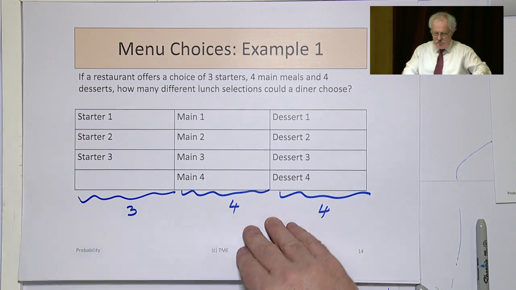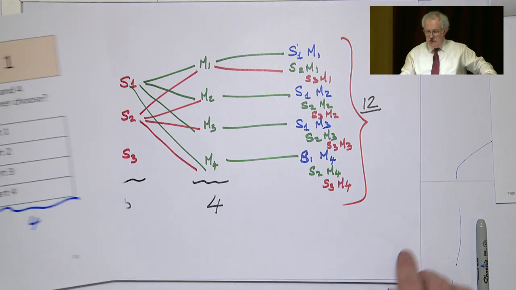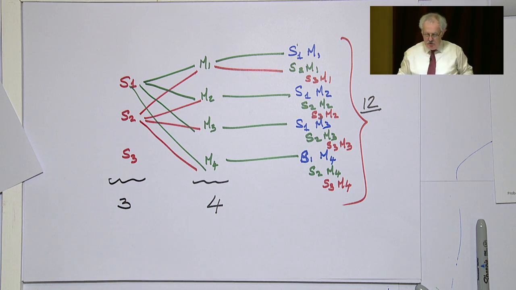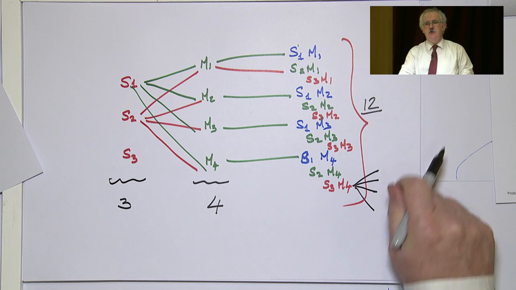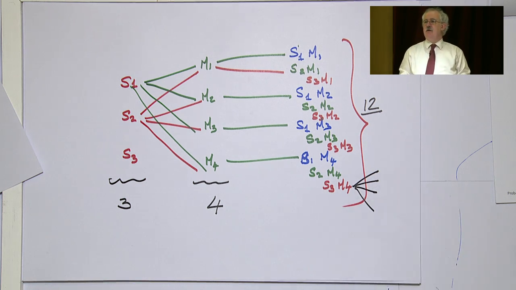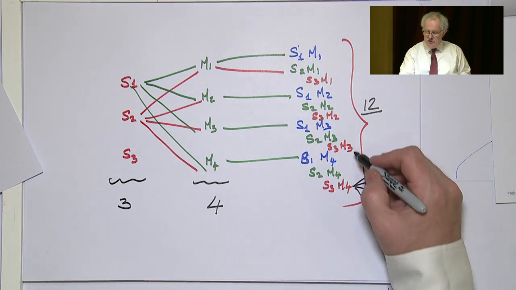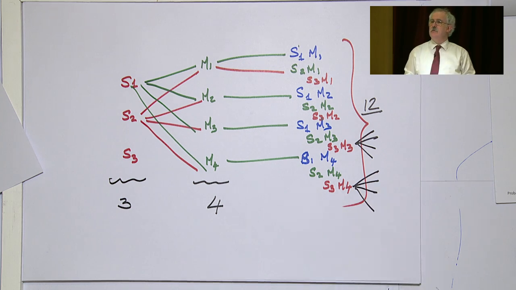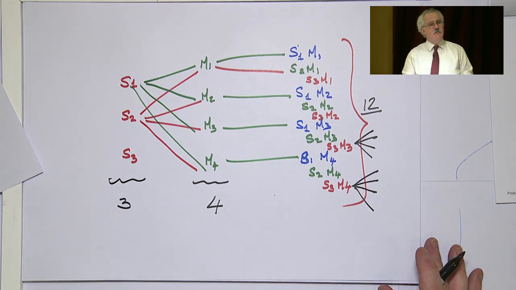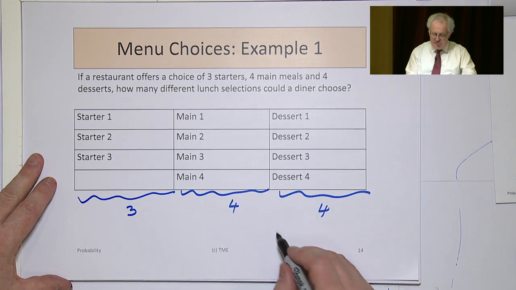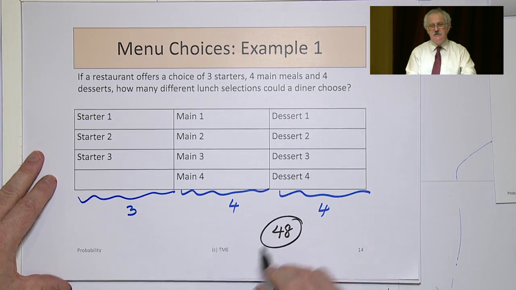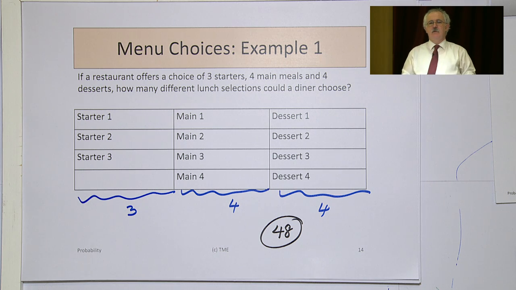Well, 48, because if you think about it here, this person who had starter 3, main course 4, there's no restriction on what dessert this person might have. None on this person either. So we'd multiply again, and 4 times 12 would give us 48. So there are 48 different choices out of all of that, because we're having both a starter and a main and a dessert, all of it.